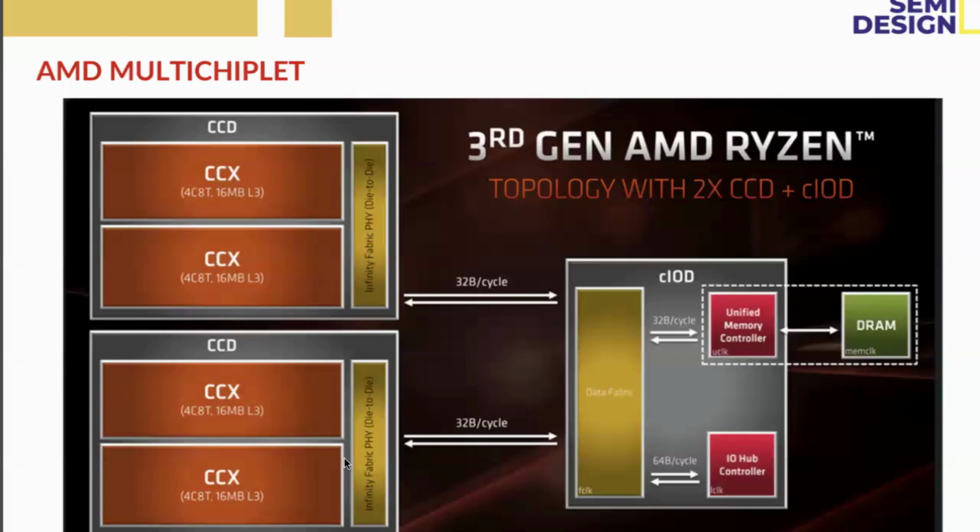Coming to the IOD, it has data fabric, control fabric, memory controllers, multimedia hub, North Bridge IO, South Bridge IO, and various other blocks. There are so many blocks involved in the IOD, nothing but input output. What is the difference here? IO and core are done separately, whereas in monolithic, everything is in the same die. But here the core is a different die and the IOD is a different die. That is the only difference in present processors. Okay, everyone got clarity?